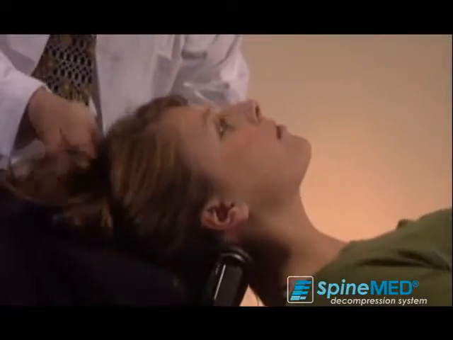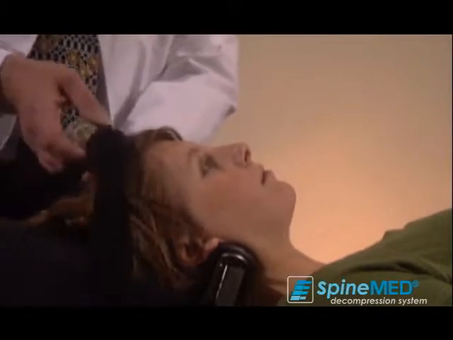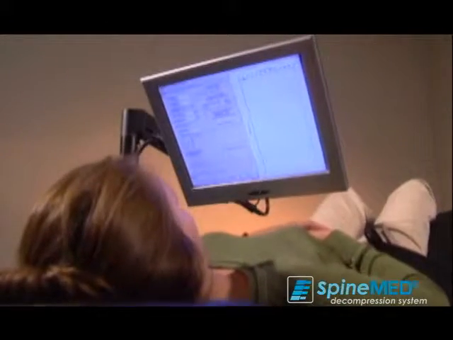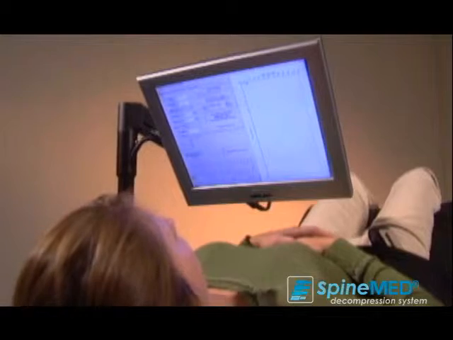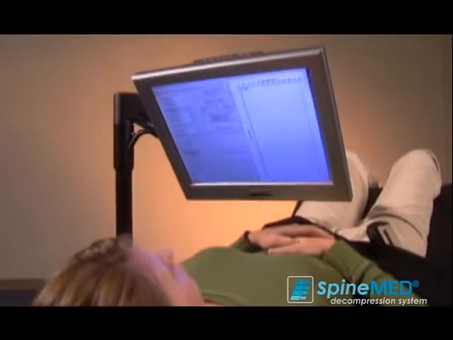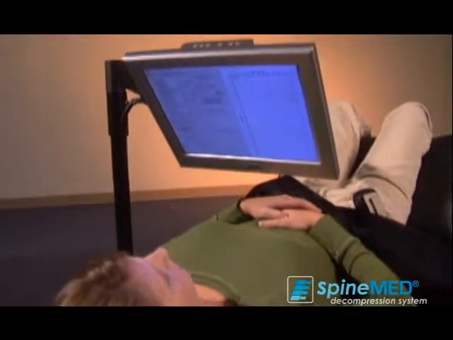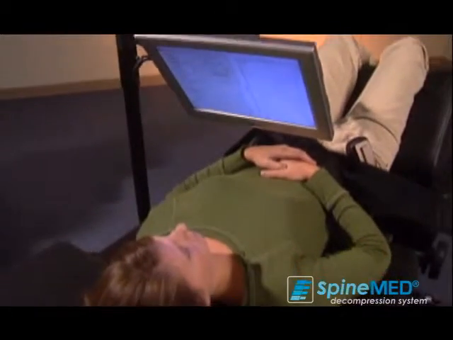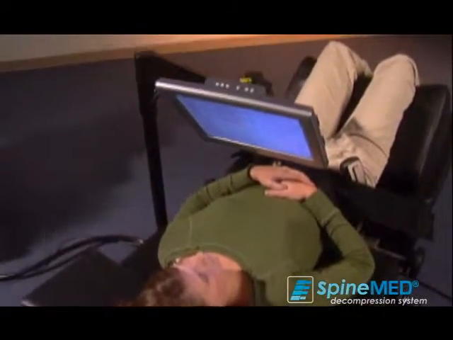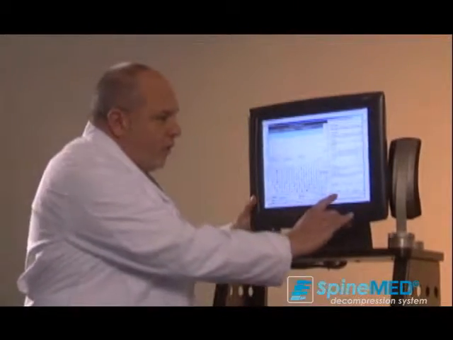The SpineMed decompression table acts to isolate and decompress spinal discs through distraction and positioning of the lumbar or cervical spine. This procedure takes place with the patient fully clothed and has been described as safe, painless, and extremely effective.